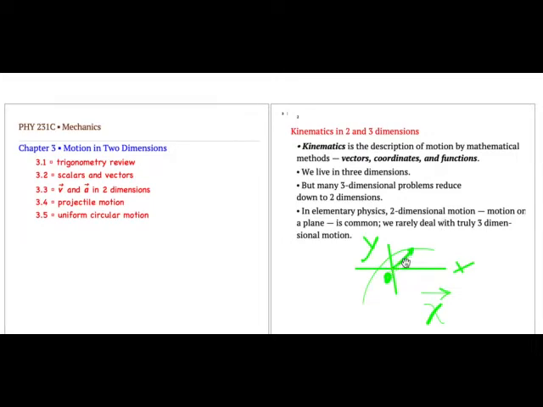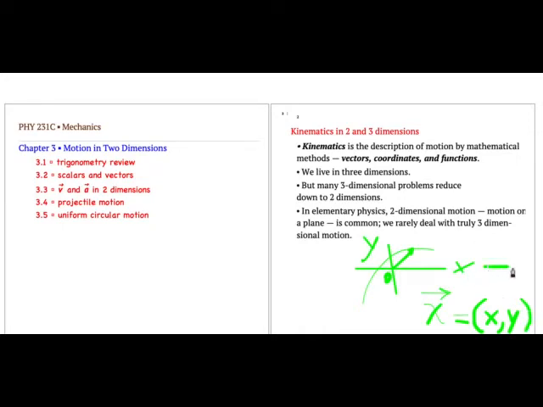And the second coordinate, y, will be the projection of that vector onto the y-axis. So one way to represent a vector is by giving two components: a component in the x direction and a component in the y direction. And we'll sometimes use that notation for vectors.